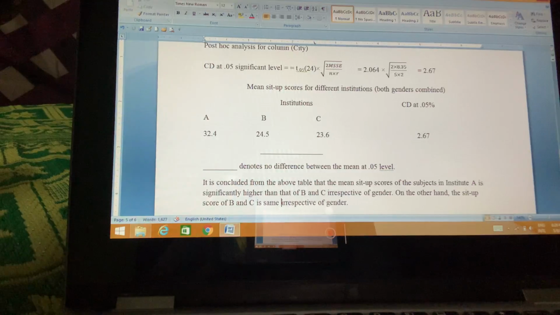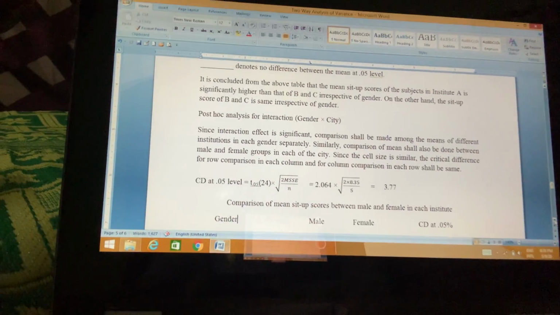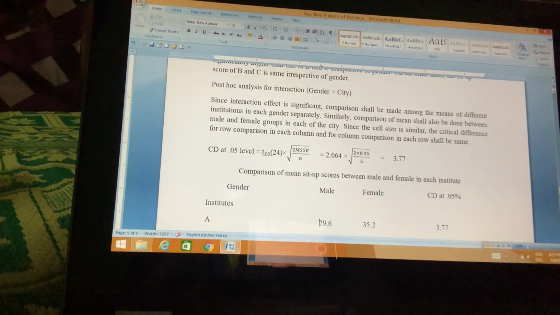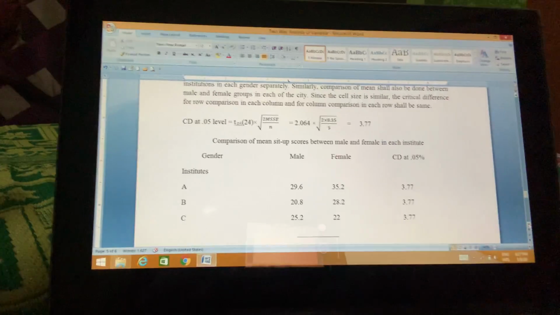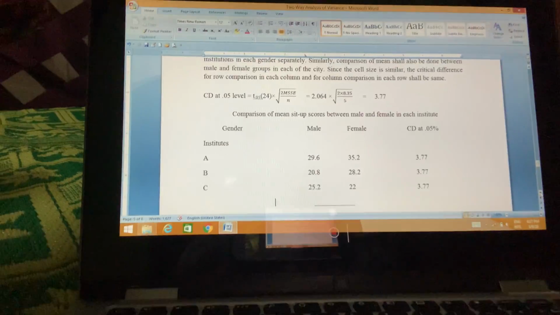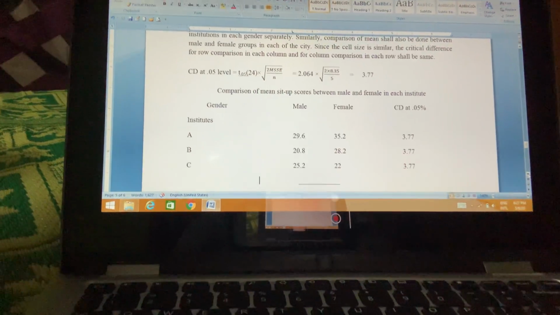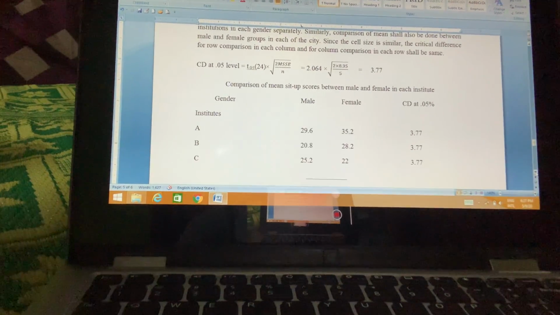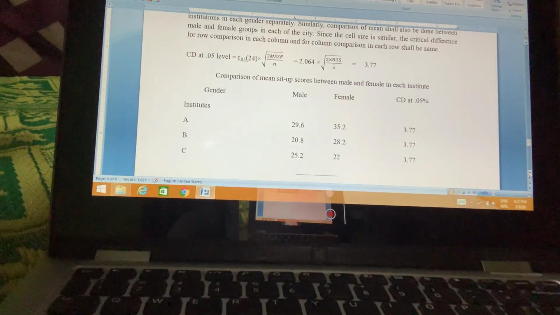Same way now you need to find out for gender and institution, right. For this also you need to find out the CD, and here you need to write the mean differences for gender. Okay, that means interaction of male and female and institution. So these are the differences for male and female, male and female, male and female, and the CD value is 3.37.